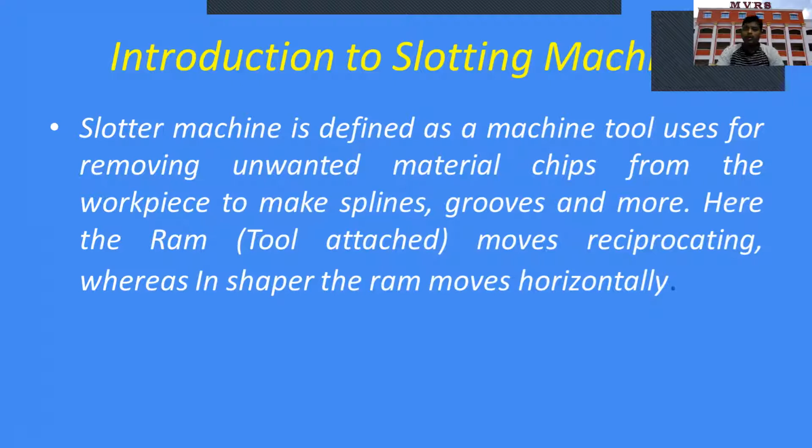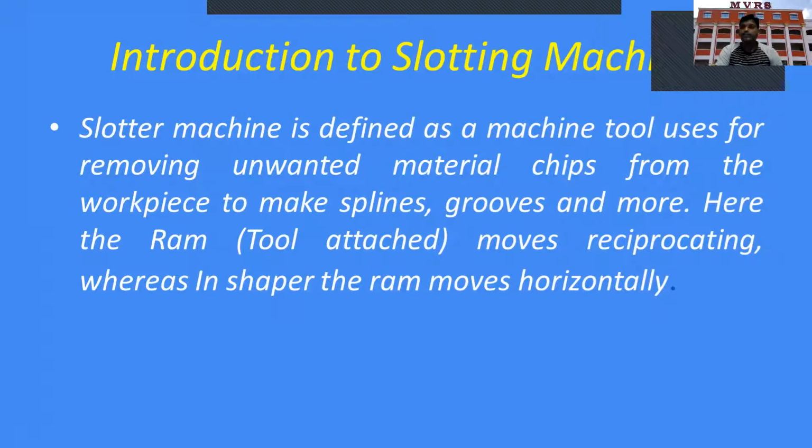The shaper machine will have a ram, and the ram will be reciprocating in the horizontal direction. What is the direction in which the ram is reciprocating in a shaper machine? The ram is reciprocating in the horizontal direction.